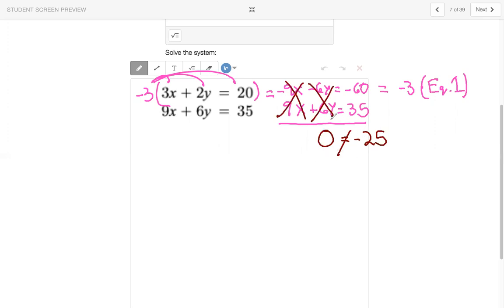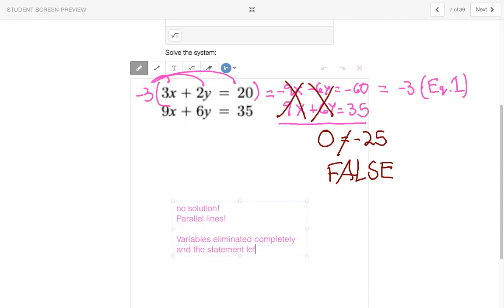So since we were able to eliminate all of our variables and get left with a false statement, we're able to say that there's actually no solution. Or if you were graphing this, we would have parallel lines. And again, this is all because our variables eliminated completely, and the statement left was false.